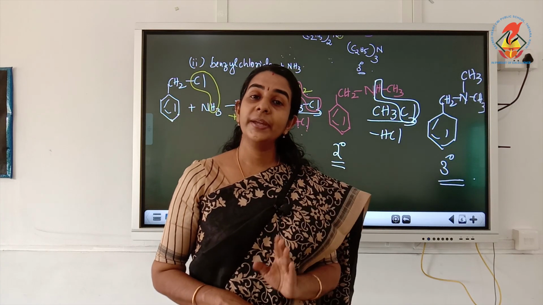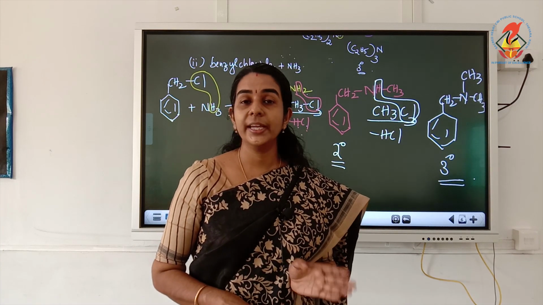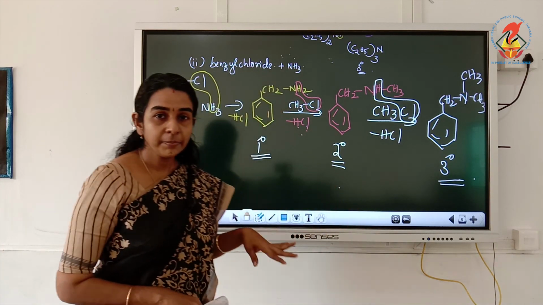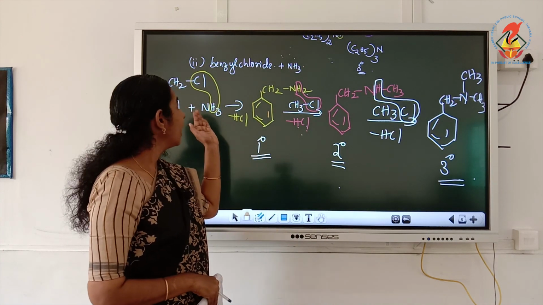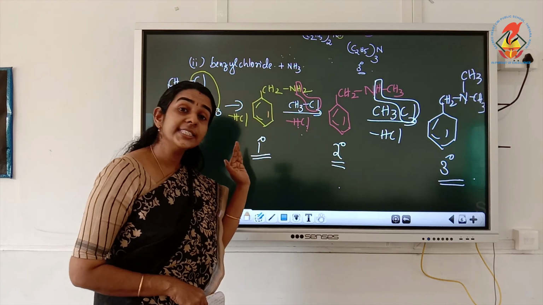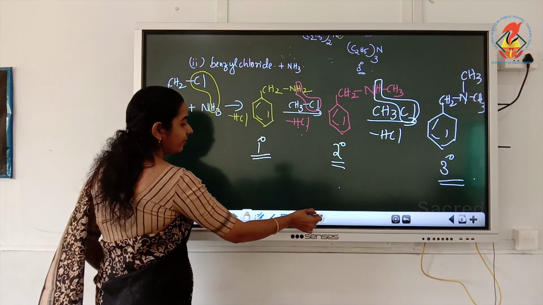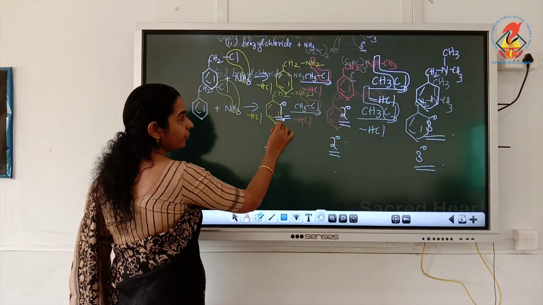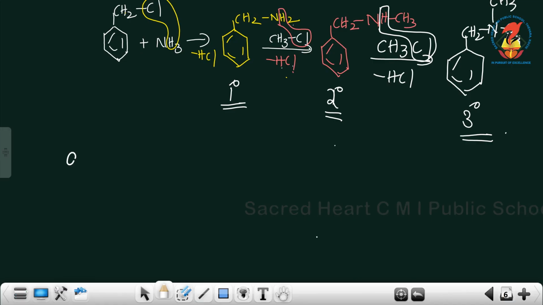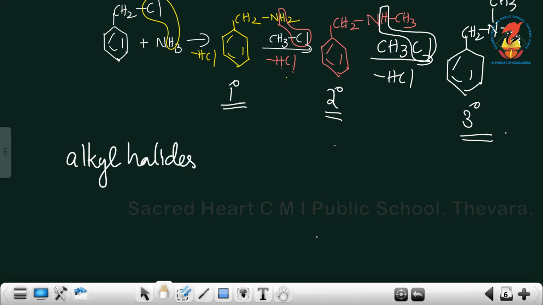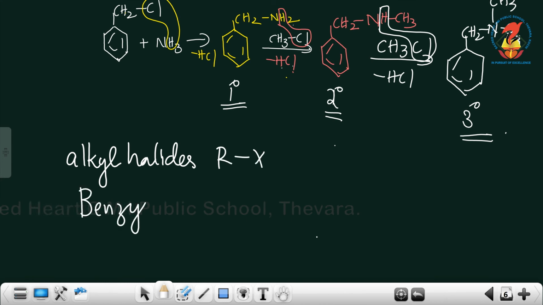So we can prepare amines from alkyl halides by ammonolysis. And remember, for ammonolysis we can use alkyl and benzyl halides. We cannot use aryl halides for ammonolysis, but we can use alkyl halides, that is RX, and benzylic halides.